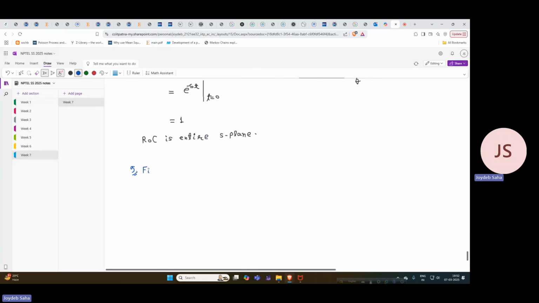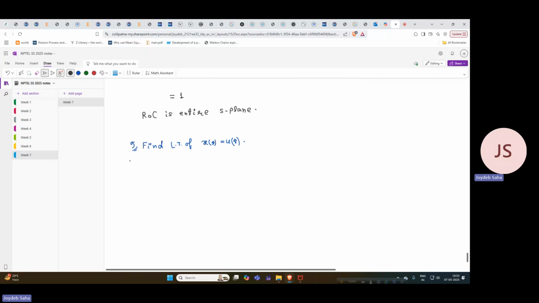Okay, so next let us move to the next problem. Find the Laplace transform of u(t). x(t) is equal to u(t). So X(s) we can find as the integral from minus infinity to plus infinity of e to the power minus st u(t) dt.